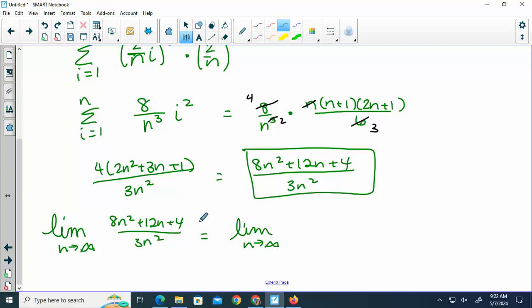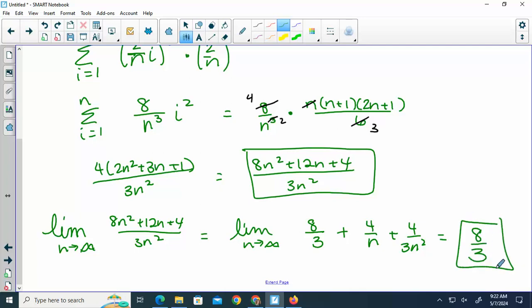If I put each one over the 3n squared, 8n squared over 3n squared would just be 8 over 3. 12n over 3n squared would reduce to 4 over n, and 4 over 3n squared. And we know that if you have a number over infinity, it goes to 0, so this whole thing just turns into 8/3.